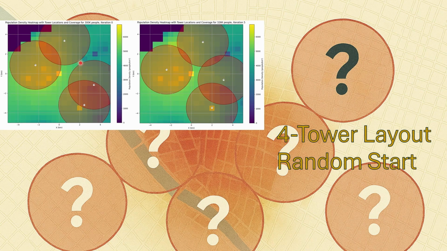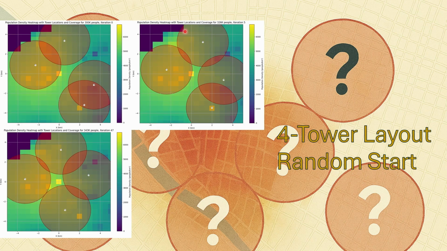Moving on, after iteration 5, we've already improved it to 326,000 people. And we've reduced the overlap, which means we've also started to improve the coverage. And now we're at iteration 47, 343,000 people.